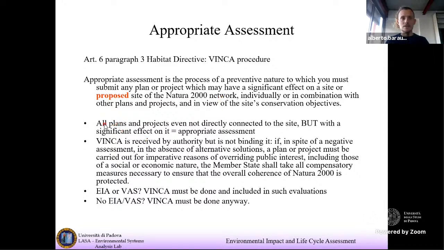And so all plans, and this I said, also considered individually or in combination with other plans or projects. So let's say that a municipality, a city, creates an industrial zone, an industrial park near a Natura 2000 site.